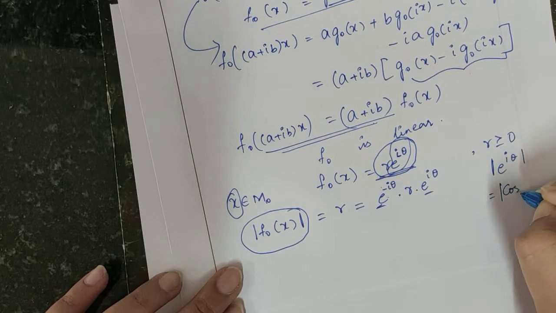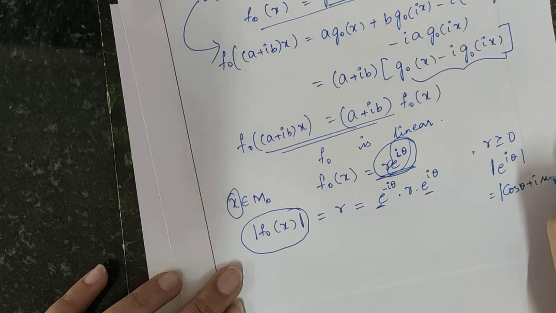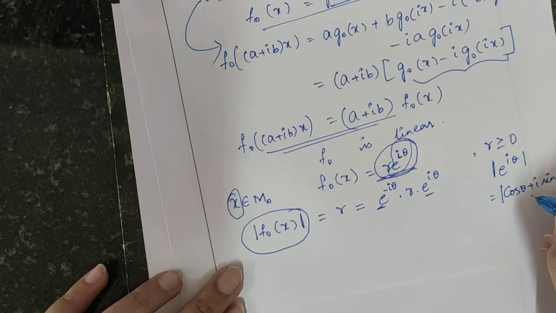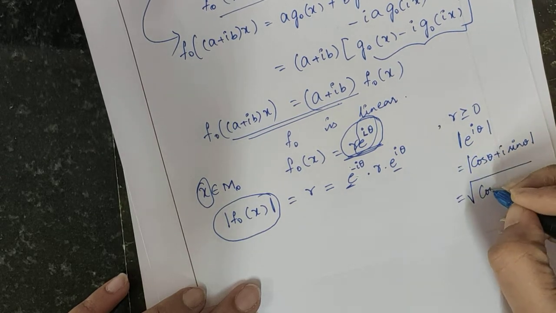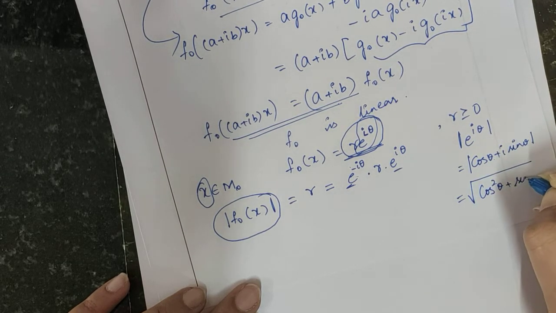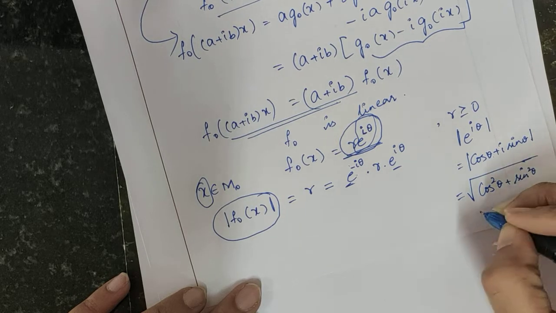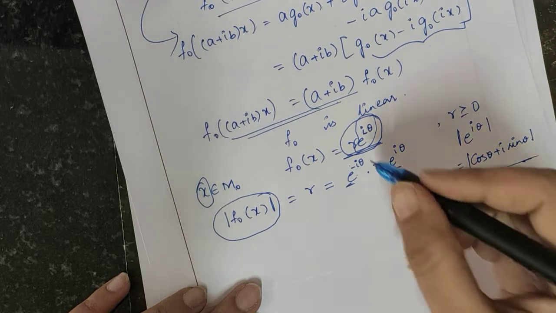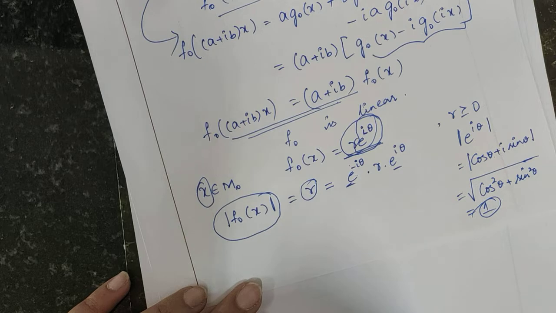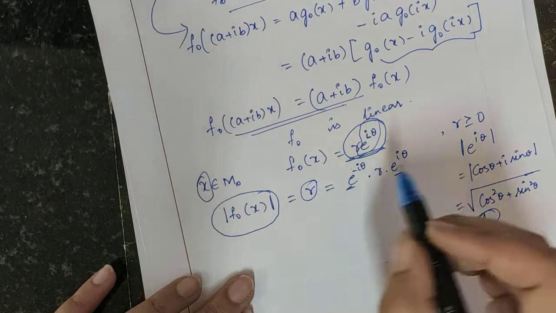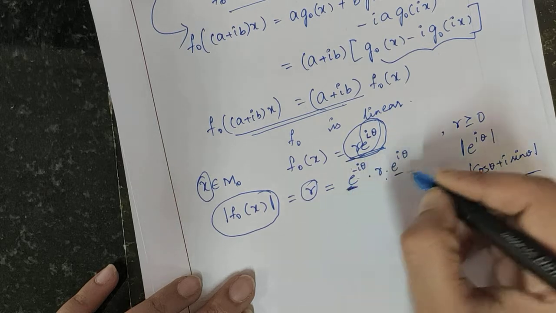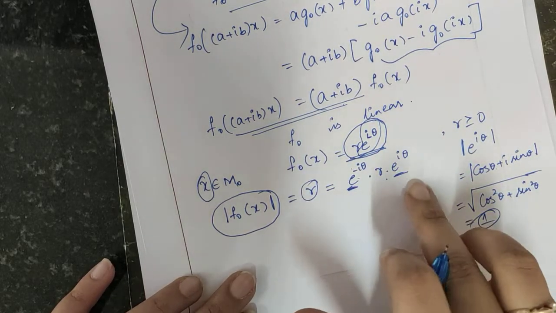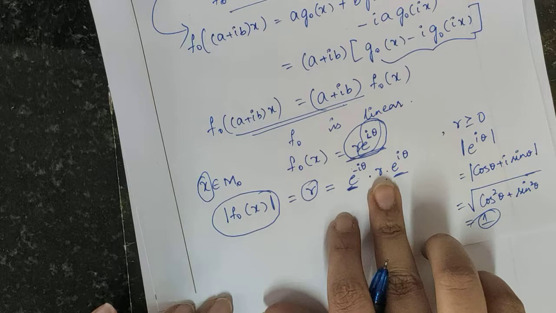You can write this as cos theta plus i sin theta, and the modulus of cos theta plus i sin theta can be rewritten as square root of cos square theta plus sin square theta. The value of this is 1, right? So you will be getting only r. So I am writing r in terms of exponential only. For that purpose I have written e power minus i theta into e power i theta into r.